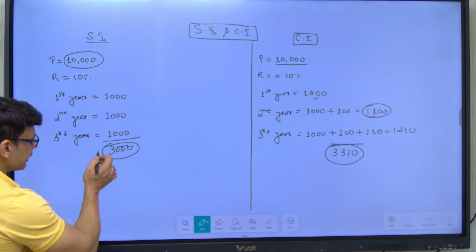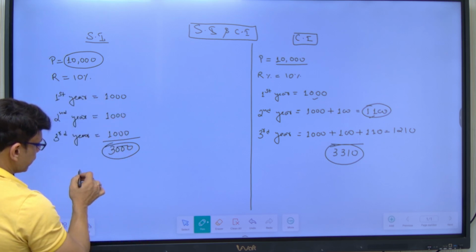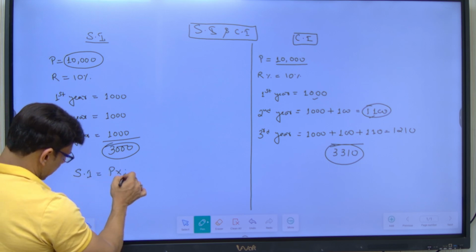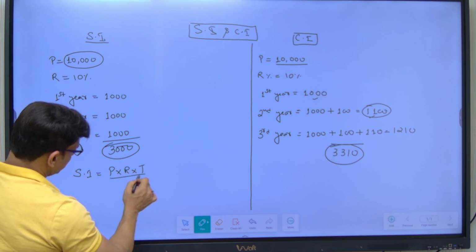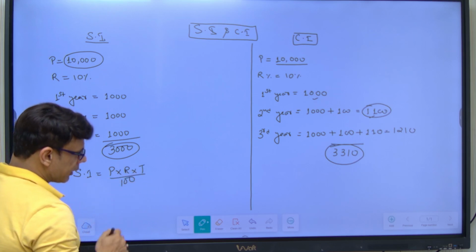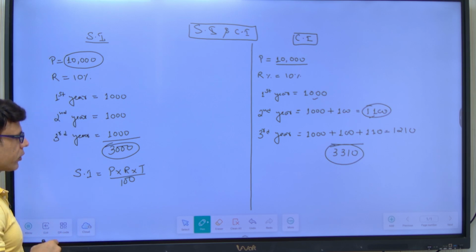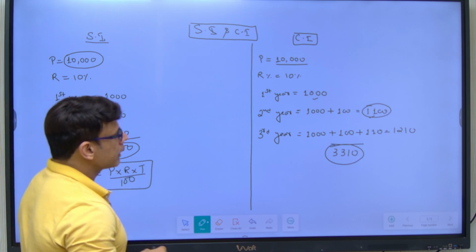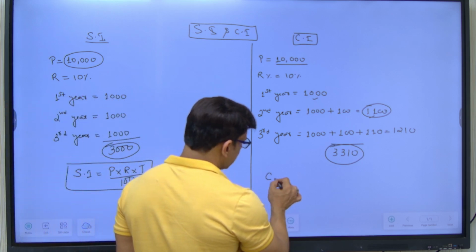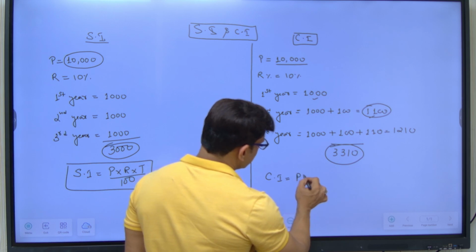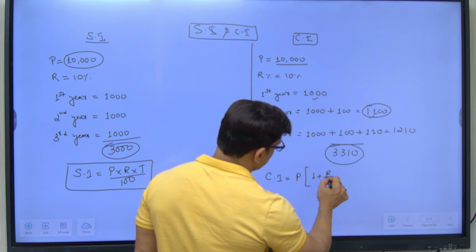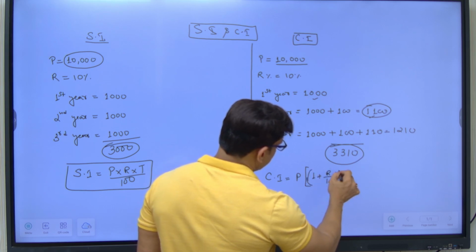The same thing can be found by using a formula. The formula to find simple interest is principal into rate into time upon 100, where time has to be in years and R is the rate of interest. This is the simple interest formula. Compound interest is given by principal into bracket 1 plus R over 100 raised to the power n, minus 1.